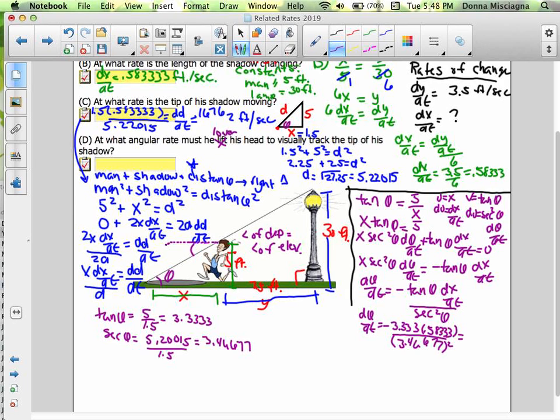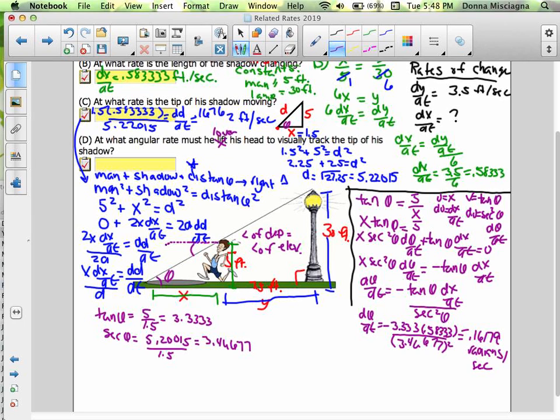So I get negative 1.6179. Oh, excuse me, decimal's in the wrong place. So negative 0.16179, and that is radians per second.